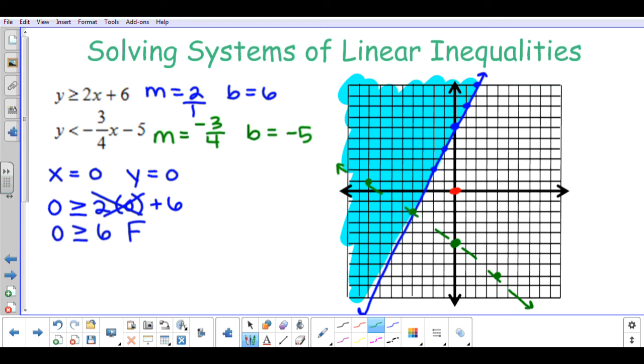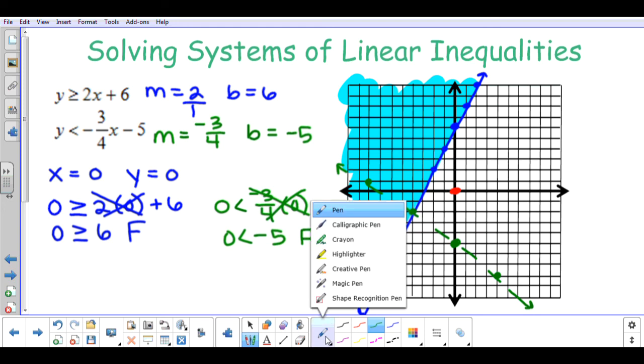So when I plug in, I have 0 is less than negative 3 over 4 times 0, subtract 5. Negative 3 over 4 times 0 will cancel out, and I'll be left with 0 is less than negative 5. This time our inequality is eating the negative 5, so it's saying that negative 5 is bigger than 0. We know this to be false as well, so I'm going to shade below my line.